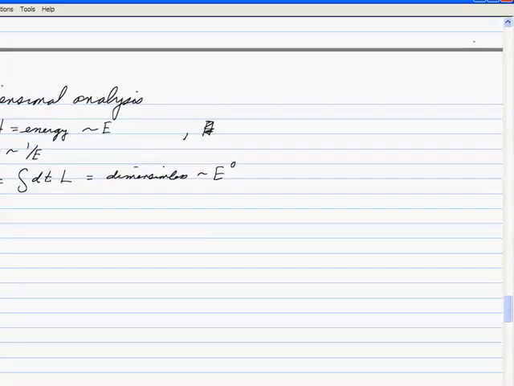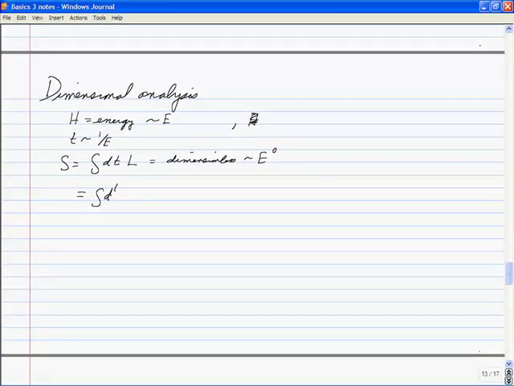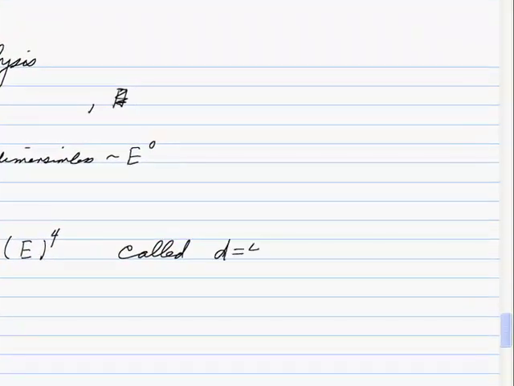When I go to fields, I have the action is the integral dt d3x of a Lagrange density. So those go like 1 over energy to the 4th overall, because there's 4 of them. They all carry the same unit in this basis. So the Lagrangian density goes like energy to the 4th power. We'll call this d is equal to 4.